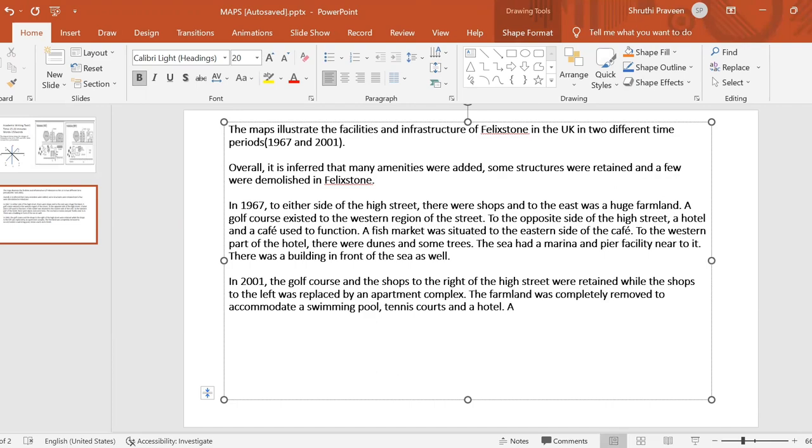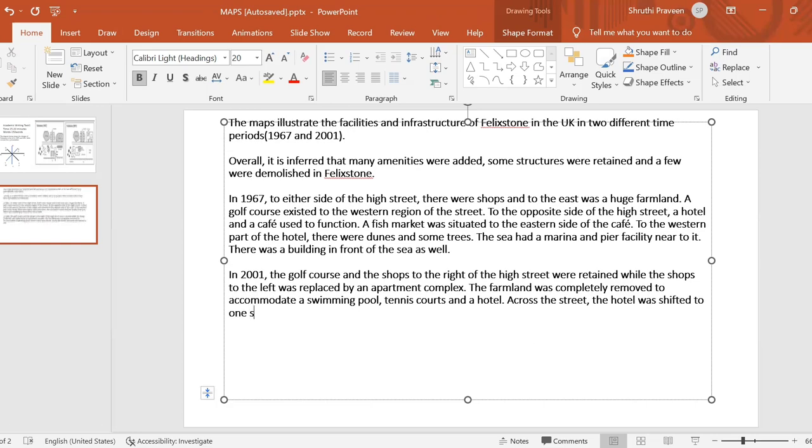Across the street, the other place we said opposite to the street. Now here we can say across the street. The hotel was shifted to one side and an elaborate car park was constructed. Anything that is new has been constructed.